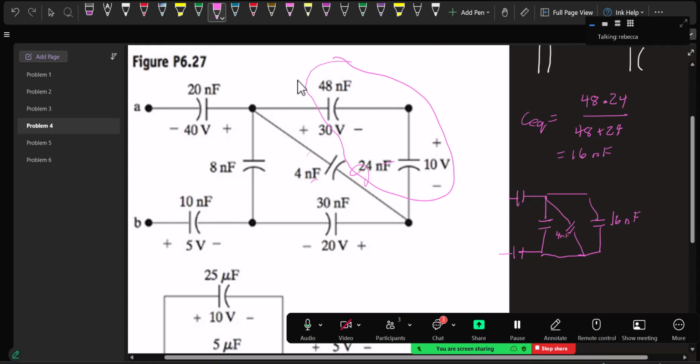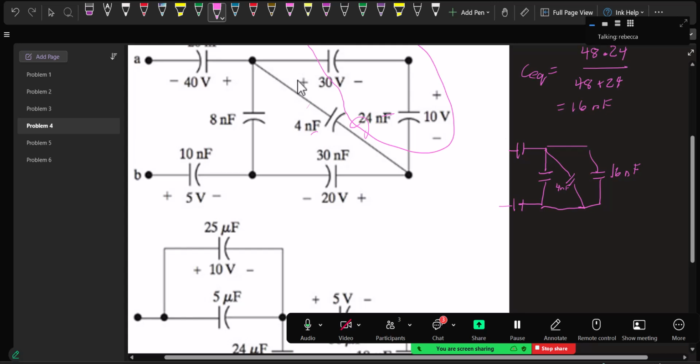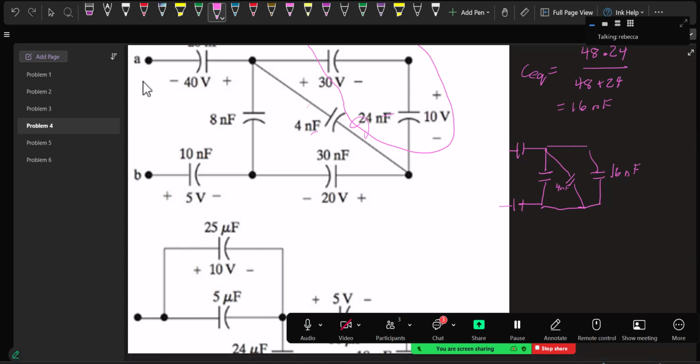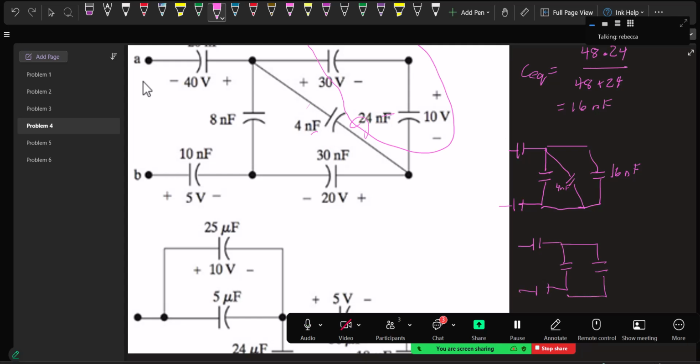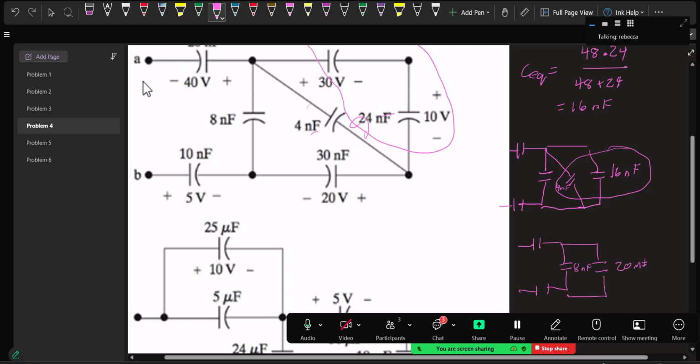Now I have capacitors in parallel, which add like resistors in series, so we can just add those together. These two added together are 20 nanofarads, and they are in parallel with 8 nanofarads, so you can put those together and get 28.